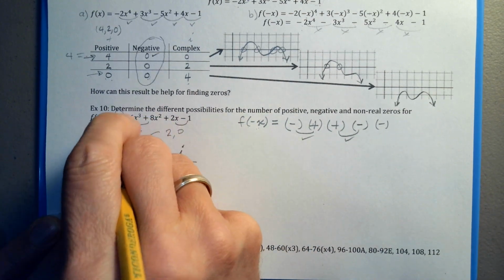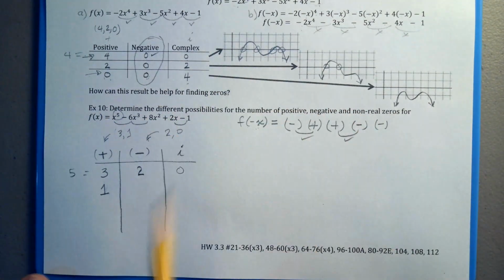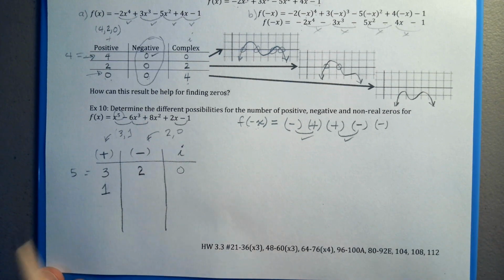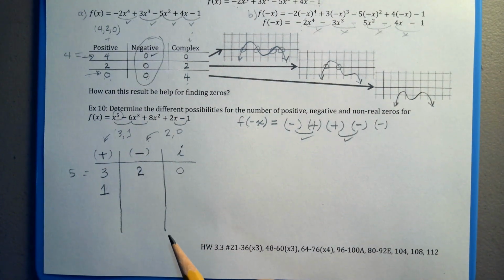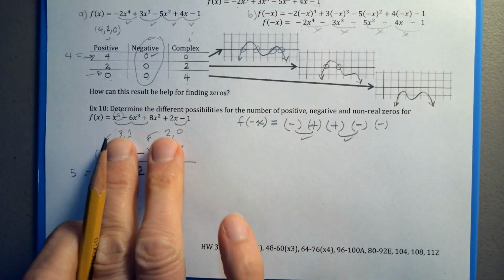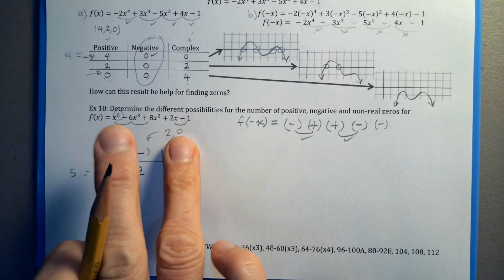Let me not put that in parentheses, I don't want you to think that's an ordered pair or anything. So you need every combination with each number here with each number there.